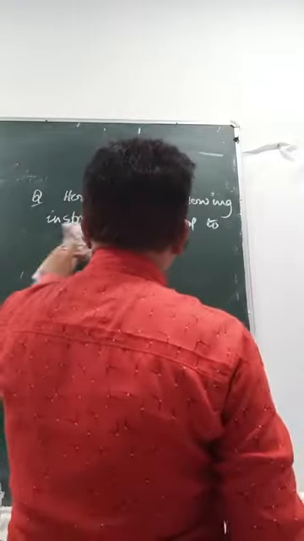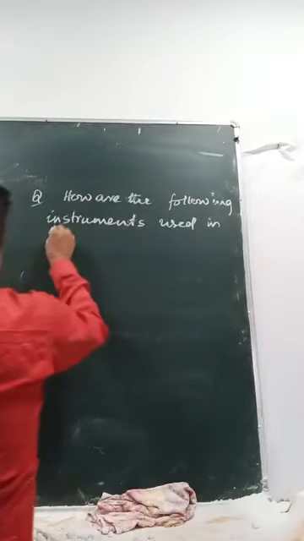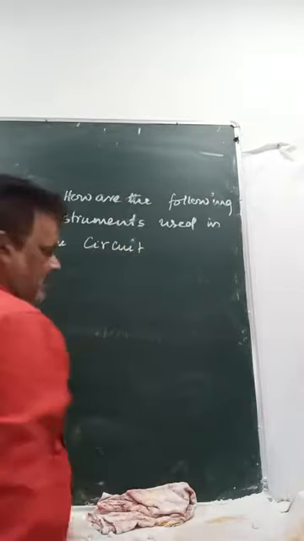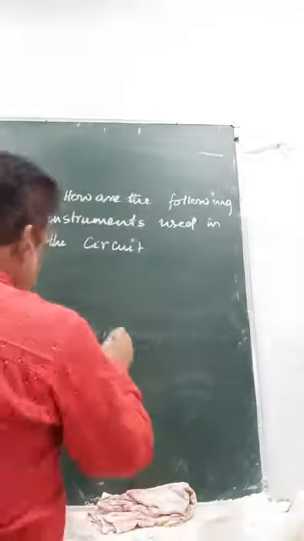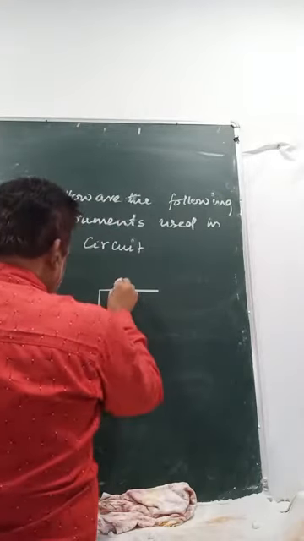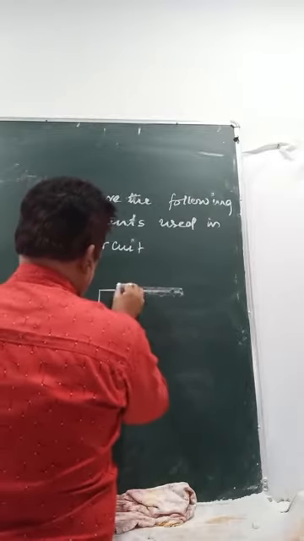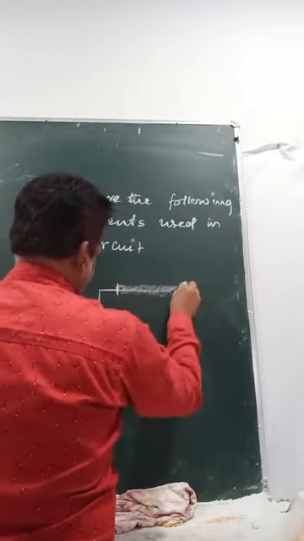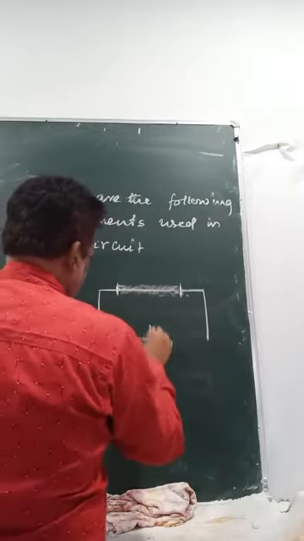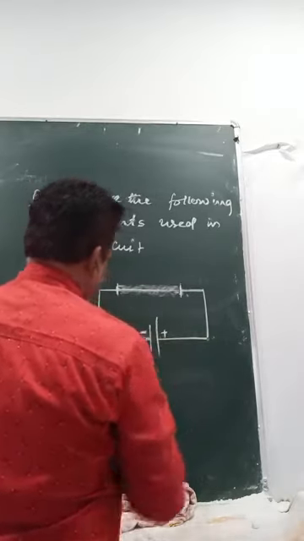Let me tell you, suppose there is a conductor here, connected to a cell, with the smaller line negative and this positive.